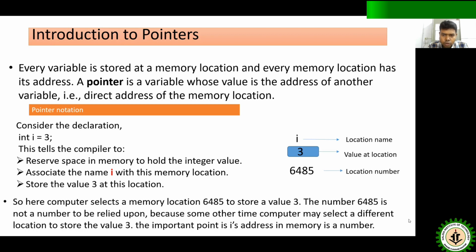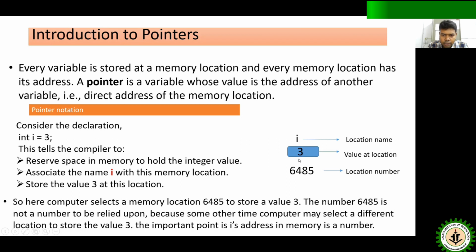Here we consider that when we declare int I equals 3, the memory location 6485 is reserved. So here the variable's name is I and the value is 3.